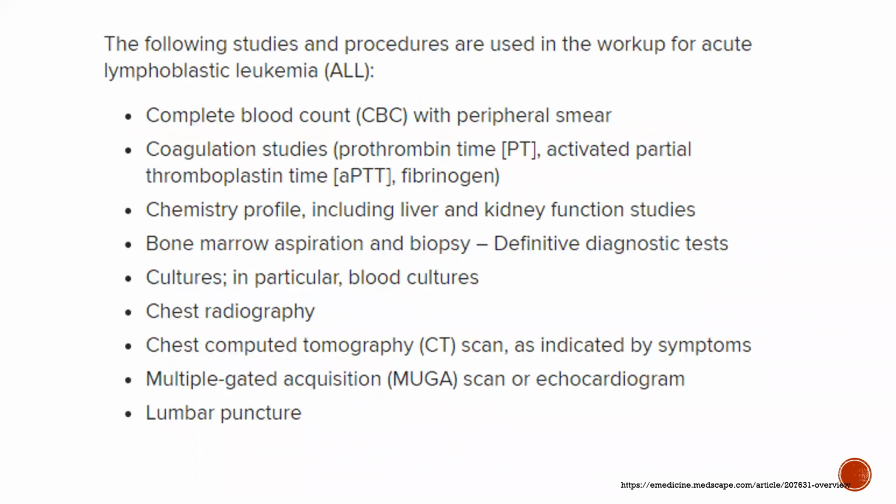The following studies and procedures are used in the workup for acute lymphoblastic leukemia: complete blood count with peripheral smear, coagulation studies, chemistry profile, bone marrow aspiration and biopsy, and cultures, in particular blood culture if infection is suspected, to differentiate infection from the acute leukemia or to help define the different type of infectious disorder as a consequence of leukemia, chest radiography, CT scan if needed, multigated acquisition scan or echocardiogram if needed, and lumbar puncture.